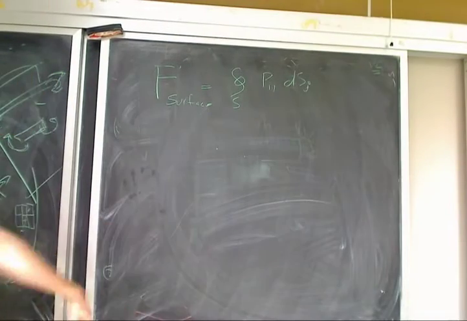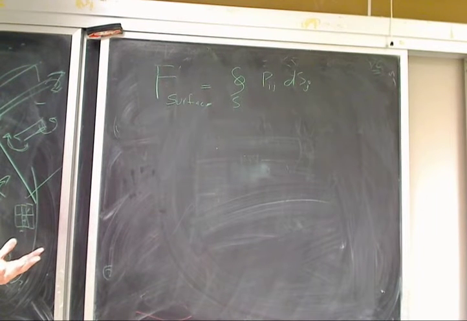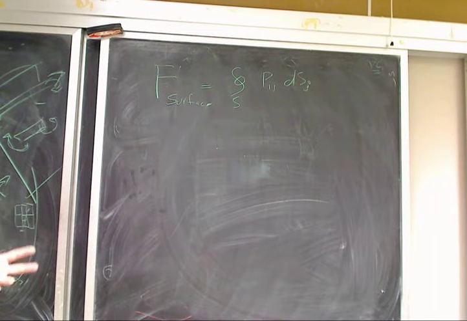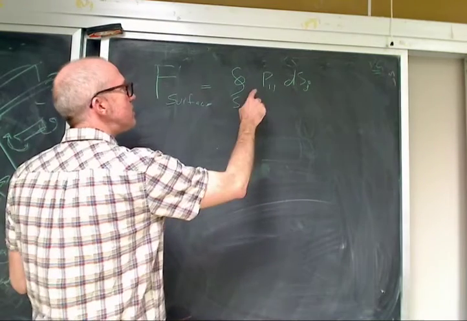That's what I just wrote at the bottom of the last one. Now, surface integrals are a headache to do because I have to go figure out where the surface is on the whole thing. That's a hassle. Easier is dealing with the volume integral.